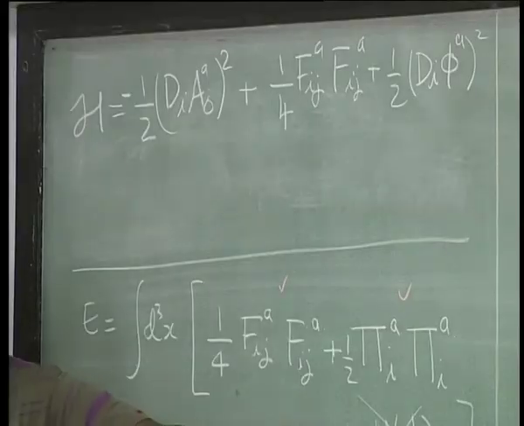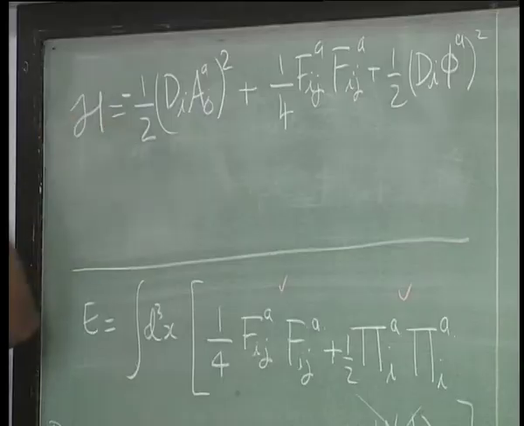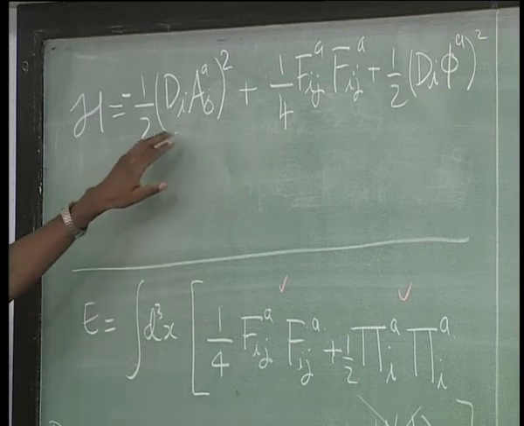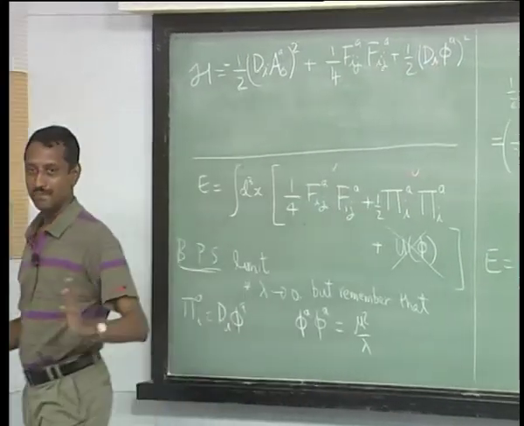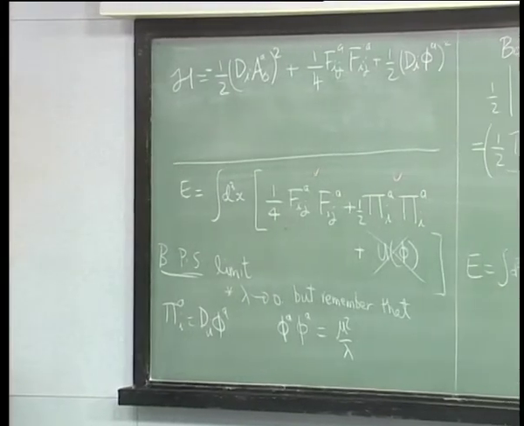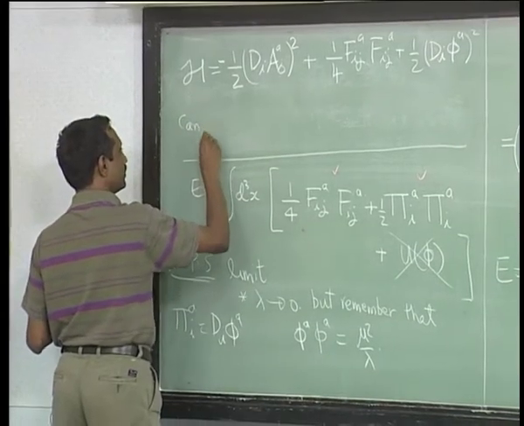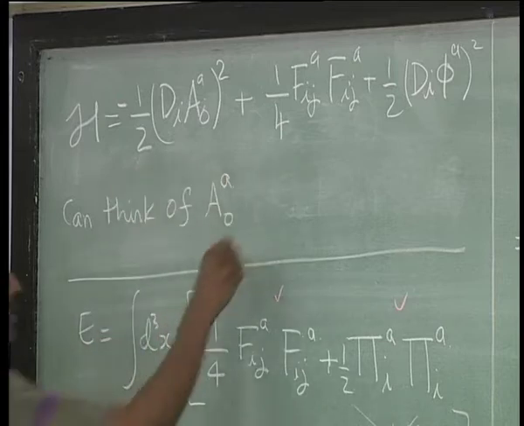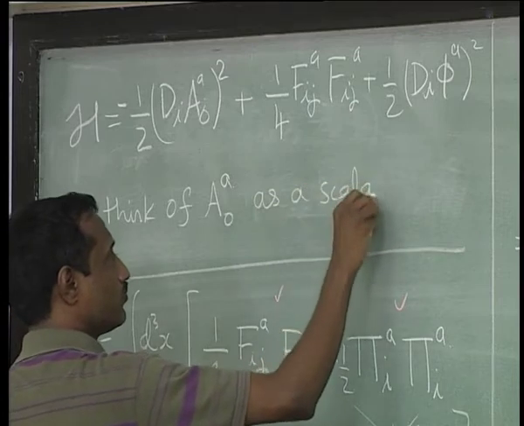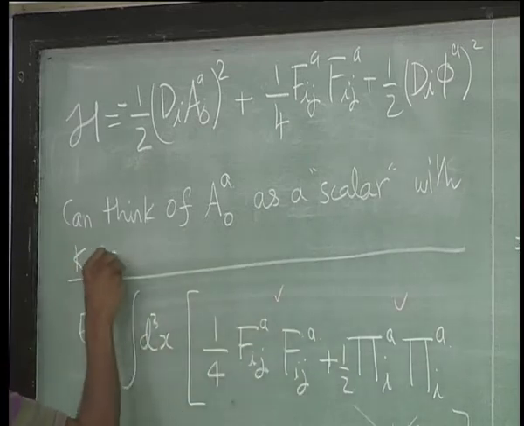I have thrown out this term. I do not know if this is good news or bad news. Look at this, there is a minus sign out here, so you lose positive definiteness, but something interesting happens. What you see is that A0^a, but for this sign, is behaving exactly like phi^a. So I can think of A0^a as a scalar with kinetic energy of the wrong sign.